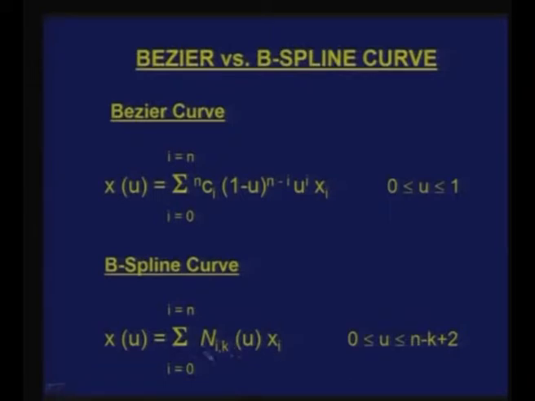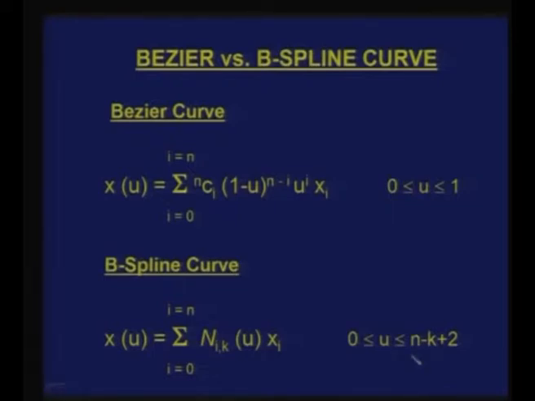But the function we have seen in the case of Bezier, which includes nCi, 1 minus u to the power of n minus i, and u to the power of i, is called a Bezier basis function. Nik, which is shown here, which is also a function of u, is called a B-spline basis function. Its definition is different from that of the Bezier basis function.